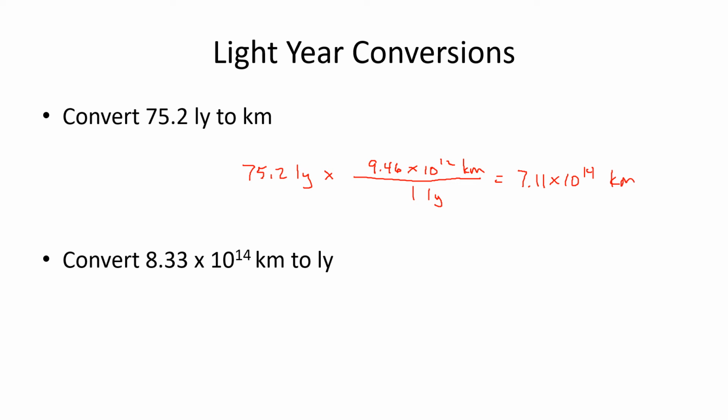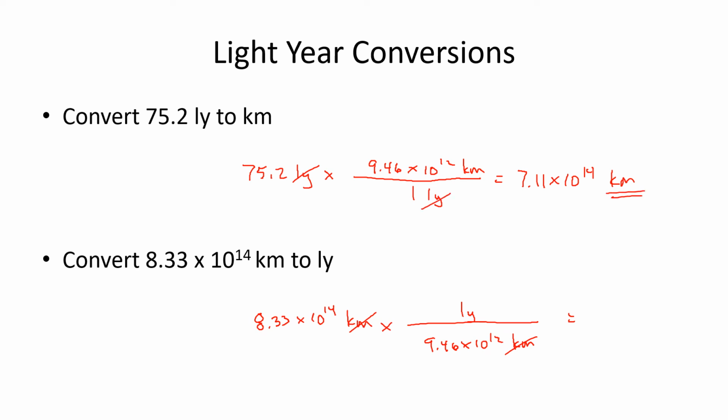Okay, and then going the other way, if we have 8.33 times 10 to the 14 kilometers, and we want to change that into light years, we are going to divide by 9.46 times 10 to the 12th kilometers in every light year, right? Kilometers will cancel out, and we'll get our light years. In the previous one here, the light years canceled out, and we ended up with kilometers.